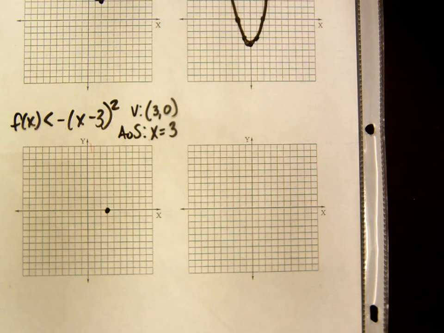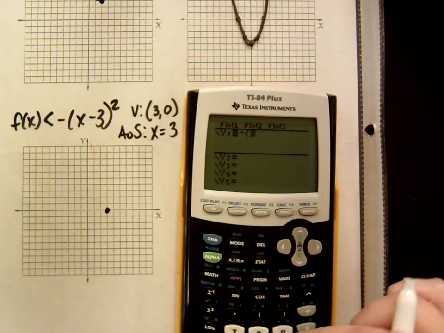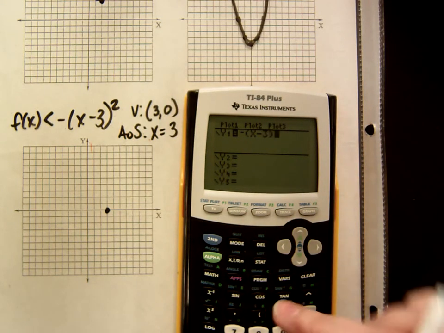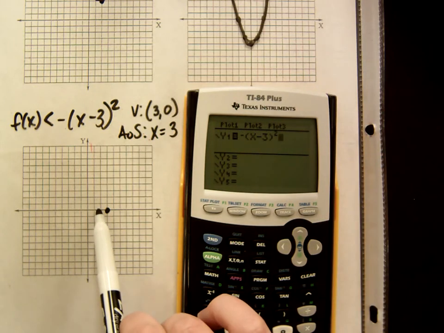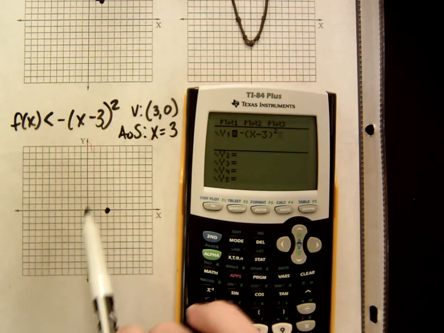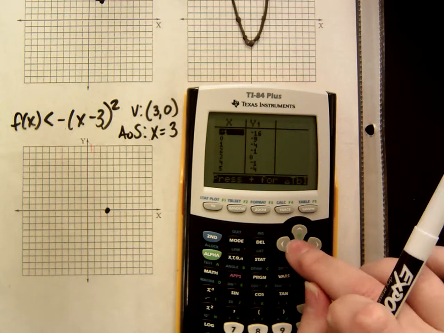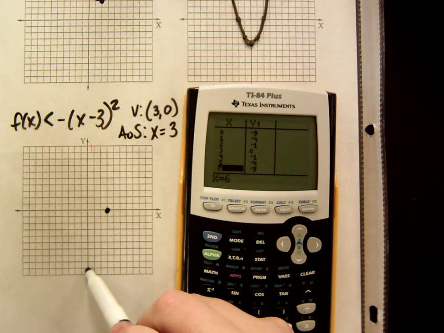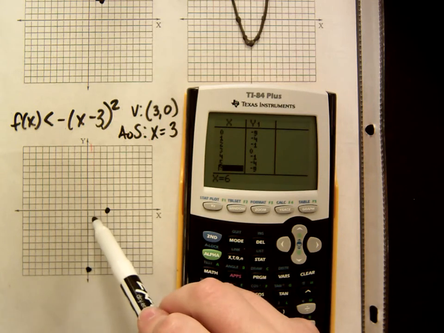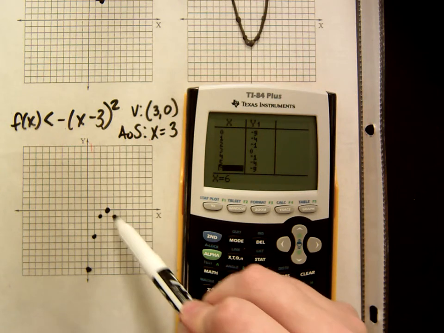Again, you can take the shortcut if you want, but really when I say shortcut, what the calculator does for us is it basically does the plugging in for us. So if I want to figure out what the y value is at positive 2, it'll do it for me. If I want to know what it is at positive 1, it does it for me. So 0, -9, 1, -4, 2, -1, and then they repeat over here.